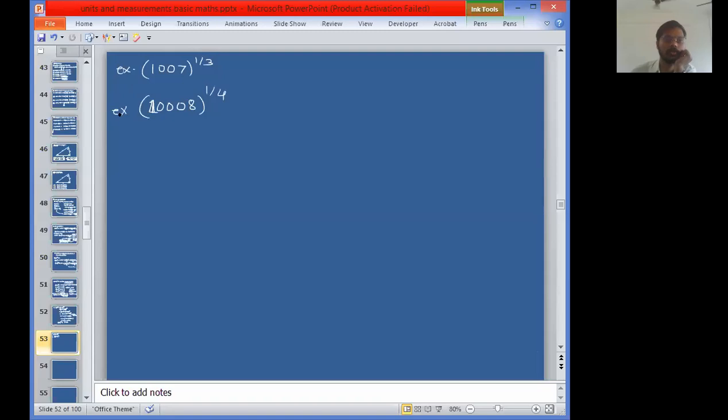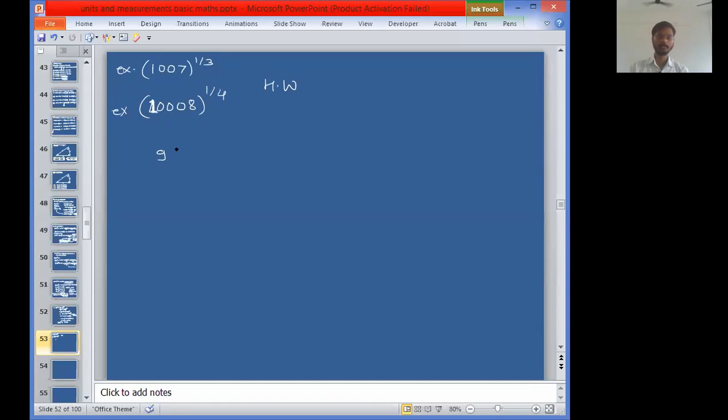These examples you will do as homework. You can find out the 10,000 raised to 1 by 4. Fourth root of 10,000 is 10. 10 square is 100. 10 cube is 1,000. 10 raised to 4 is 10,000. So you can write this number as 10,000 plus 8.